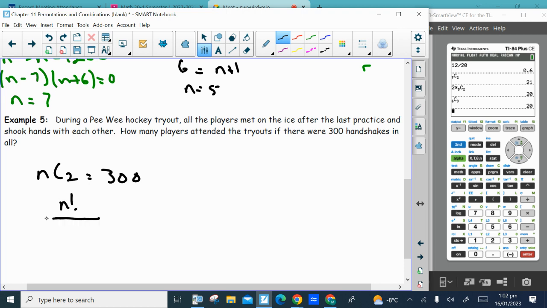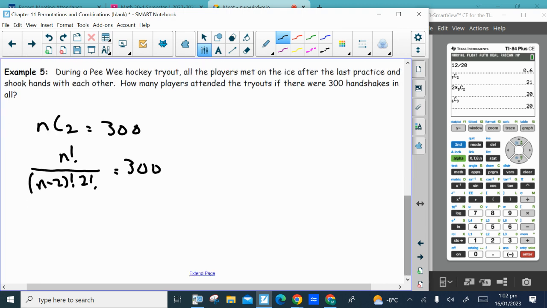And so nC2 would be n factorial over (n minus 2) factorial times 2 factorial. And again, that needs to equal 300. So n factorial is what we're going to expand, because the next term would be n minus 1, and then n minus 2, which will stop, and put a factorial on the end because we have an (n minus 2) factorial on the bottom.